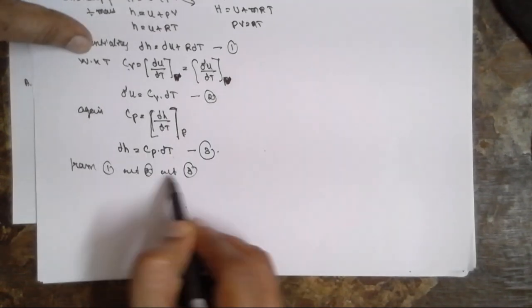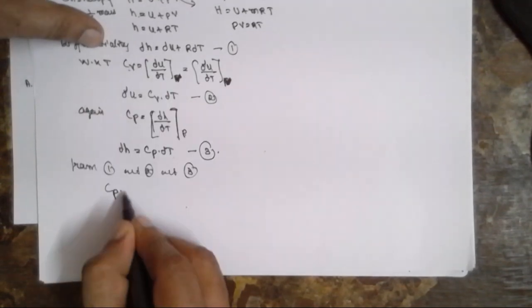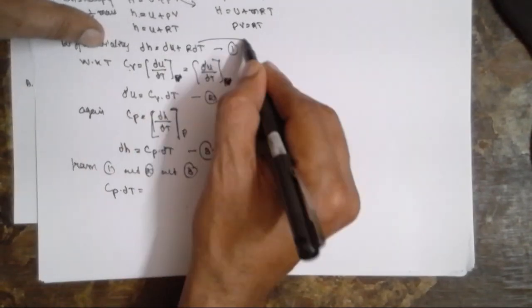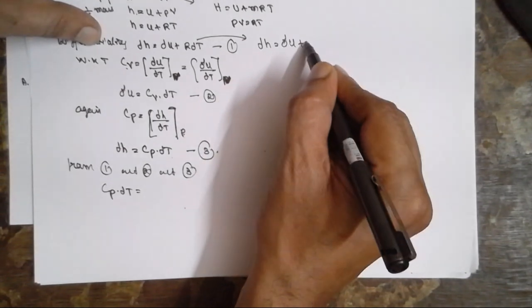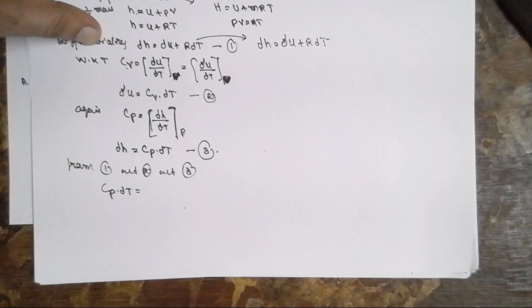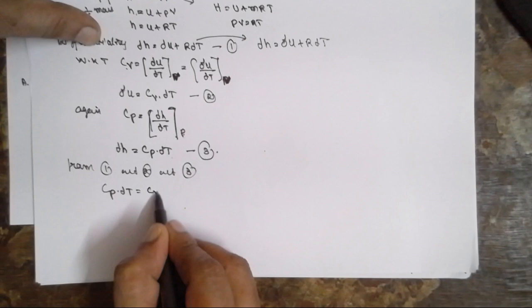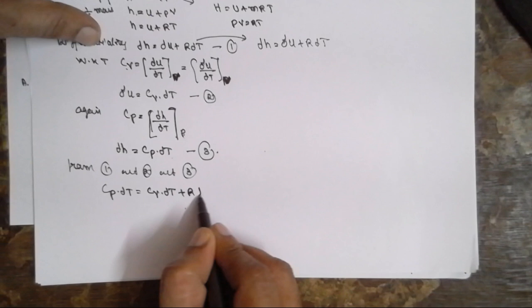Next we have to substitute in this equation dH equals Cp into dT, the du value. Or you can write the formula as dH is equal to delta U plus R dT. Now du can be written as Cv into dT plus R dT.